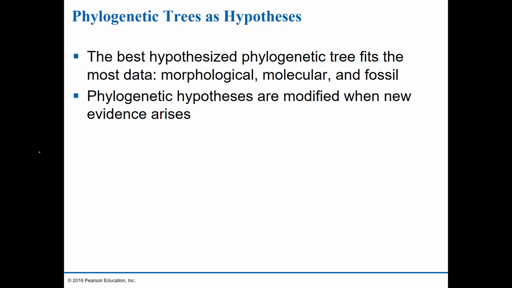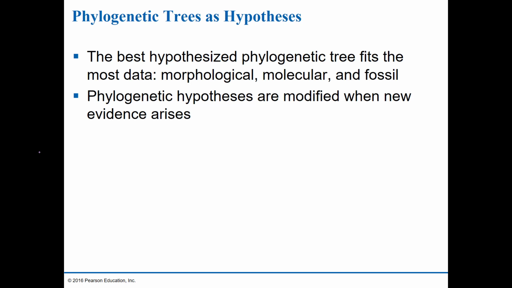The best hypothesized phylogenetic tree fits the most data. So the most things that are alike, looking morphologically or phenotypically, right? Molecular DNA, and also your fossil record. If all of those things match, this is the best hypothesized phylogenetic tree.